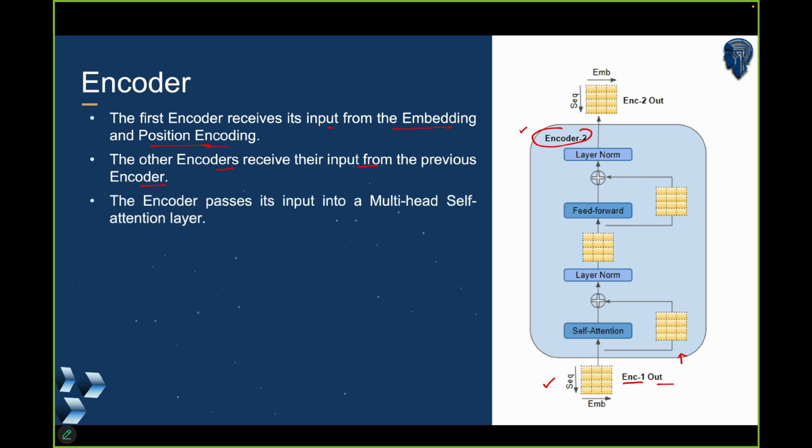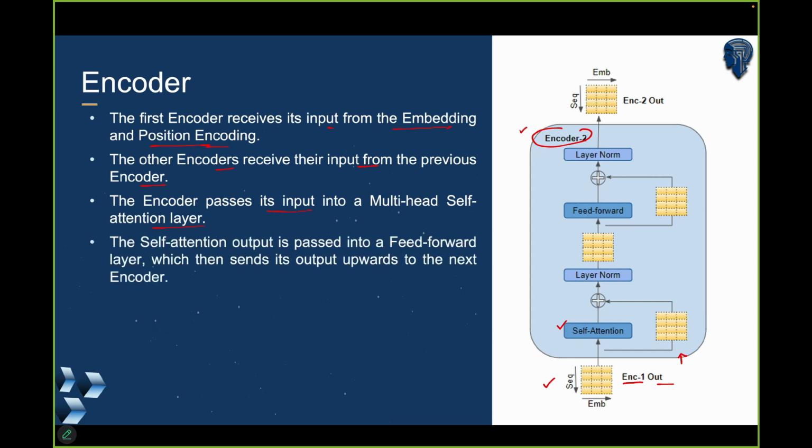The encoder passes its input into a multi-head self-attention layer, that is, a self-attention layer, meaning that whatever input is coming, we are using it in a multi-head attention layer where we'll try to understand the representation or the embeddings or the data. The output from the self-attention is passed into a feed-forward layer.